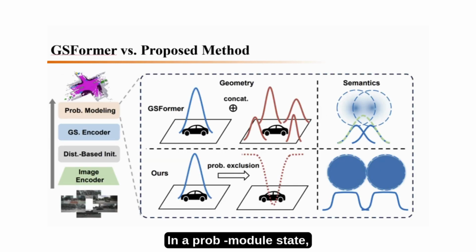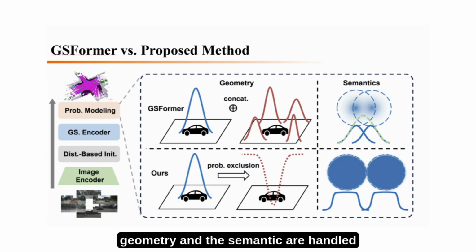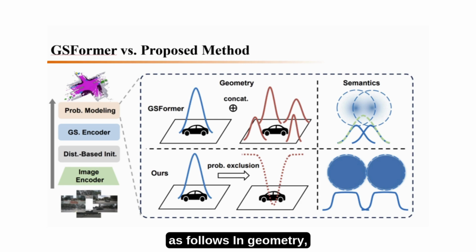In the comparison step, geometry and semantics are handled as follows. In geometry, GaussianFormer using simple concentric results in a multi-peak distribution but lacks precision. The proposed method introduces probability execution to filter irrelevant data and improve geometry accuracy.